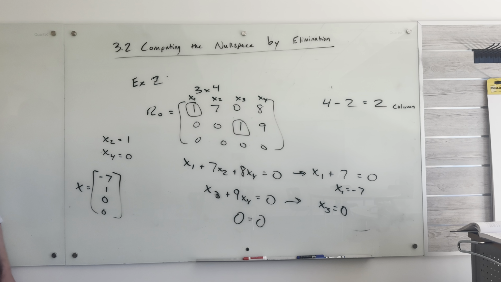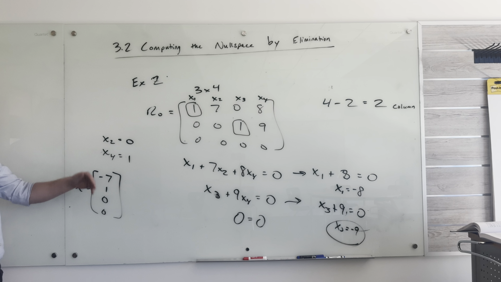So x3 is the opposite, which is -9. We took the opposite when we were finding it earlier for x3. X2 being 0, there was no x2 there. So, second vector, -8, x2 is 0, x3 is -9, x4 is 1.